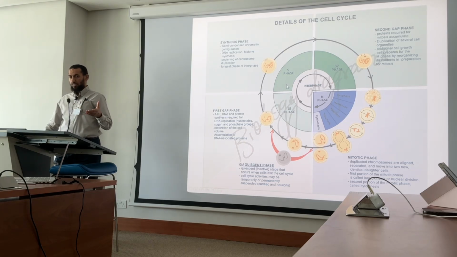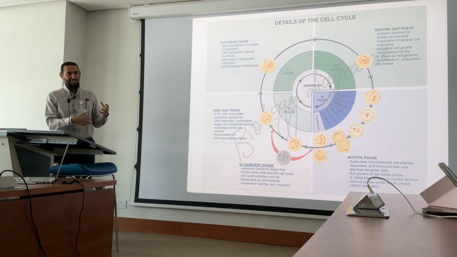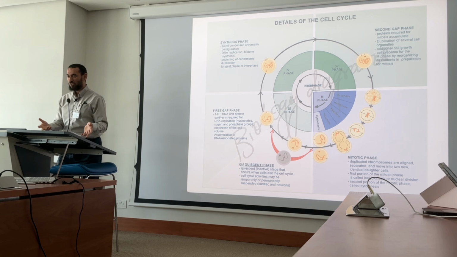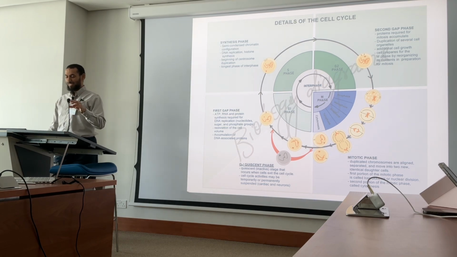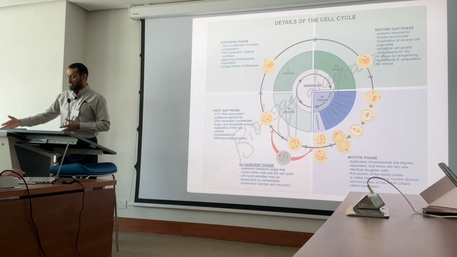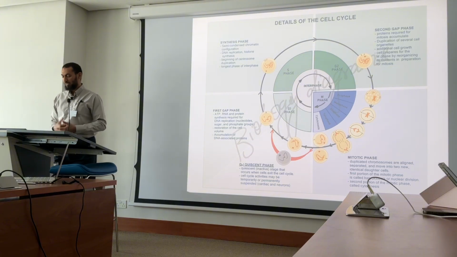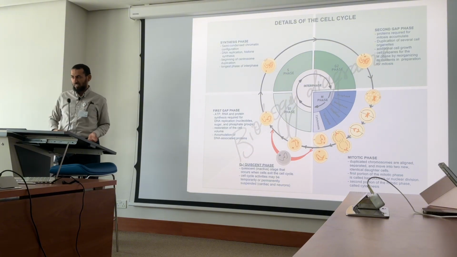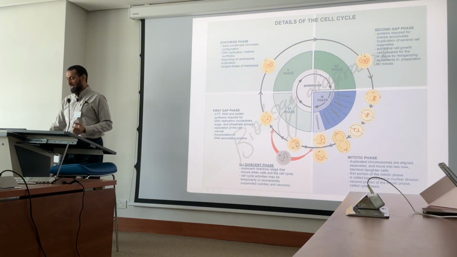Prior to division, it has to synthesize or replicate the genetic material, and synthesize the needed protein and needed organelles, so it will go to the S phase, followed by the G2 phase, which will continue completing the required material like protein and duplication of several cell organelles. But the S phase is mainly of the DNA and genetic material. Then followed by the M phase, where the division happens.